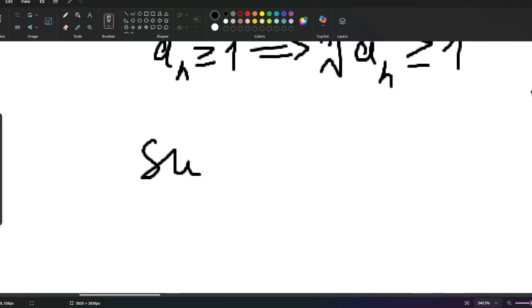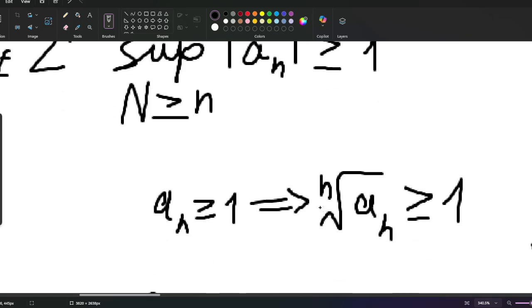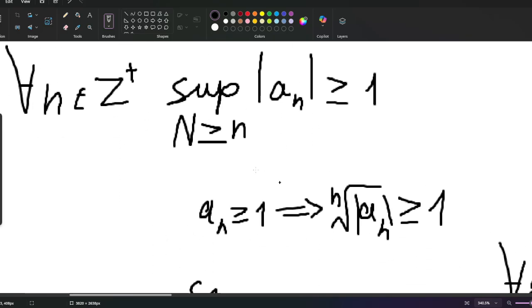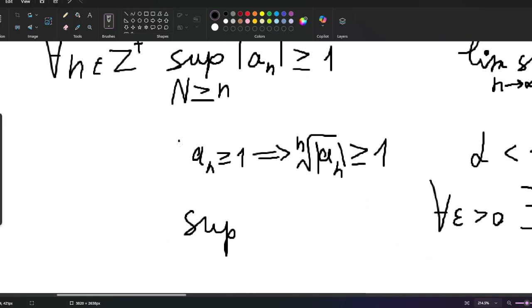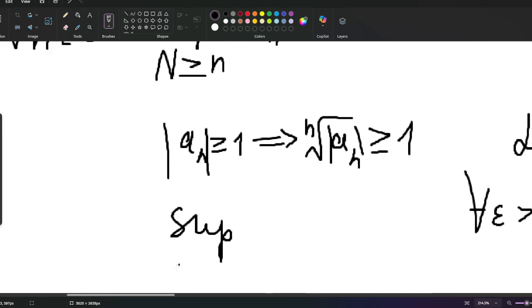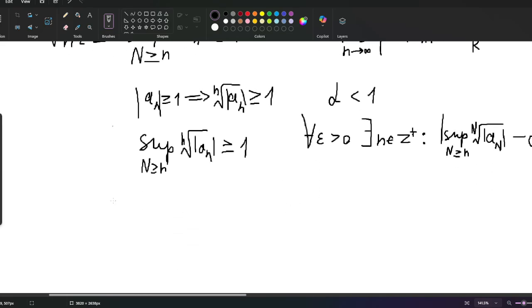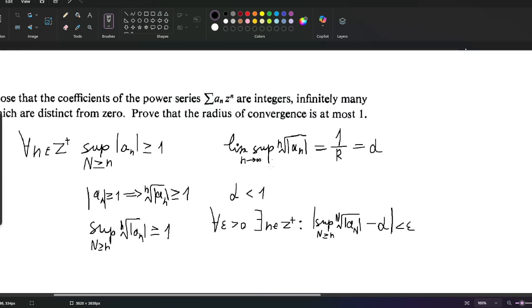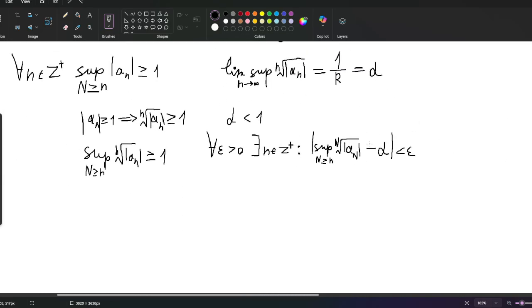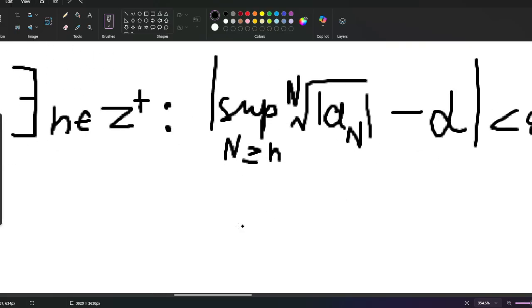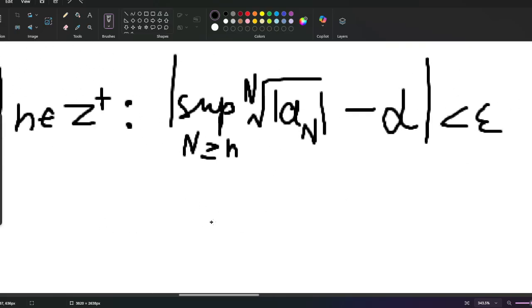So the supremum, okay, and I also forgot to include the absolute value here. Alright, now we can safely say that the n-th root of the absolute value of a_n will be greater than or equal to 1. So since alpha is less than 1, this difference is going to be positive. We can just remove the absolute value.